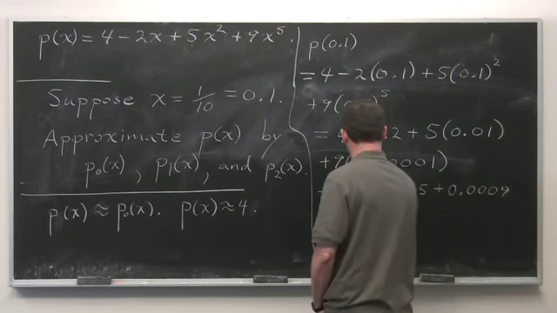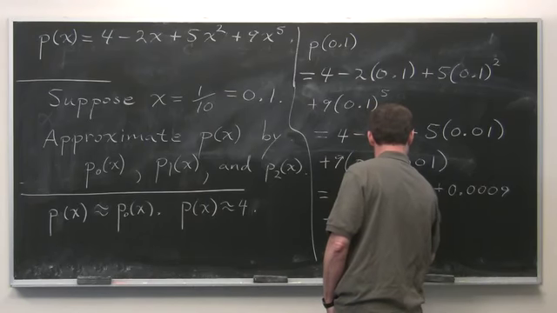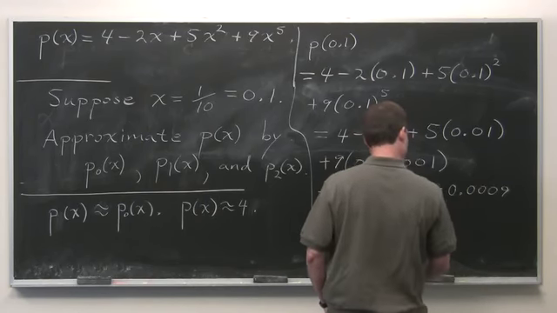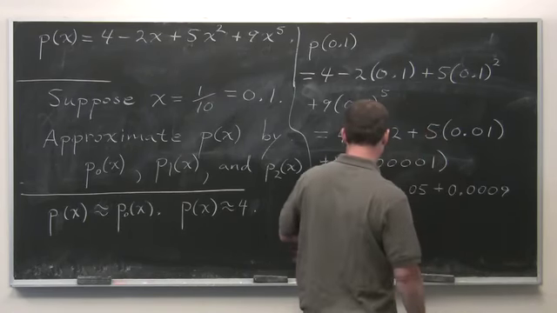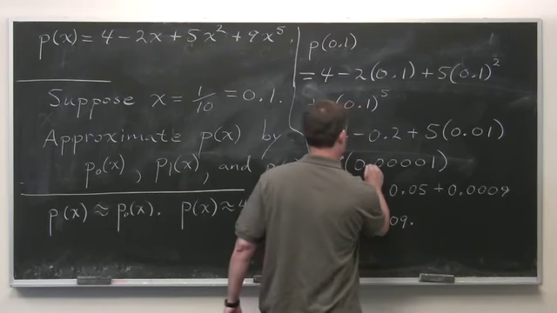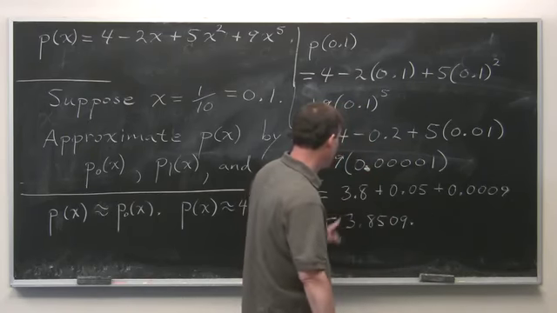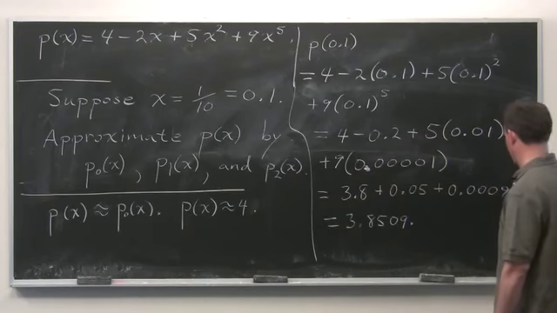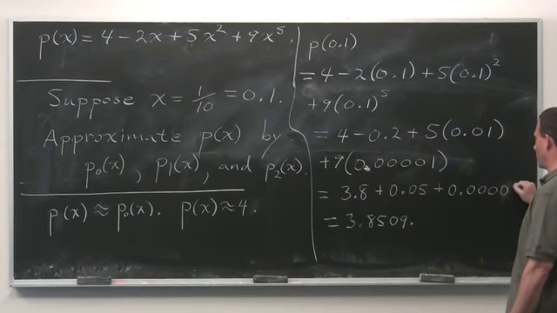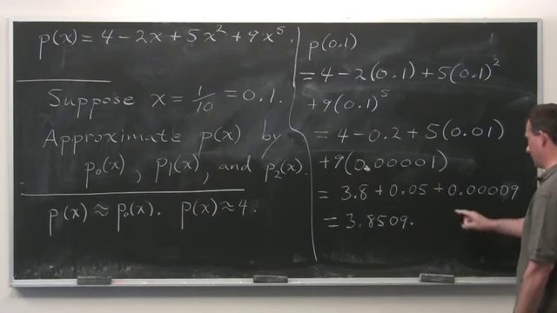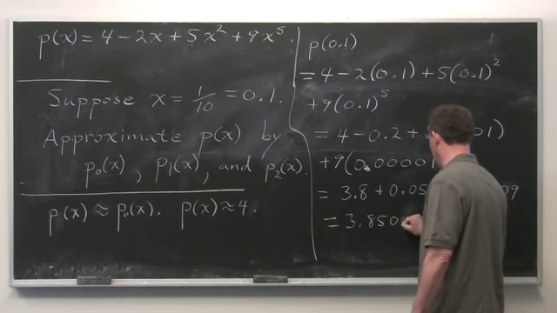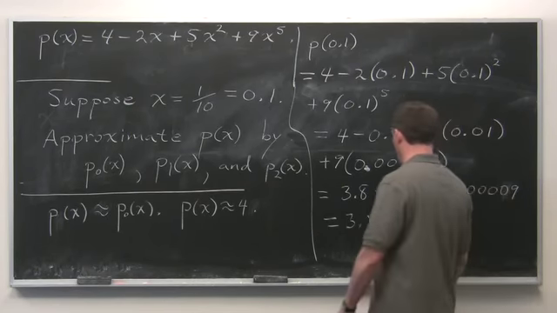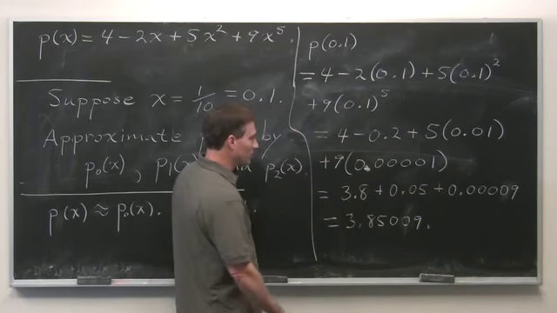And so we get 3.8509. I think I lost a 0. Did I? No. Yes, I did lose a 0. Sorry. 0.009. 1, 2, 3, 4. Yes. Okay. So we get 3.85009.